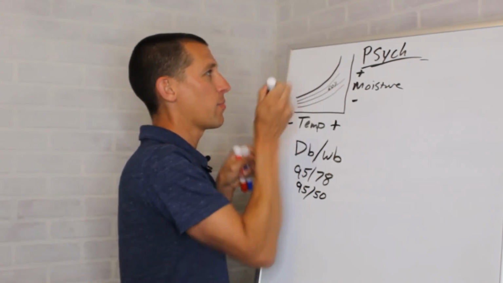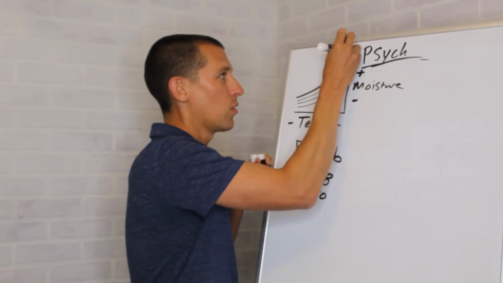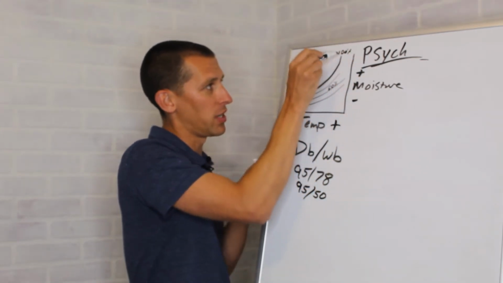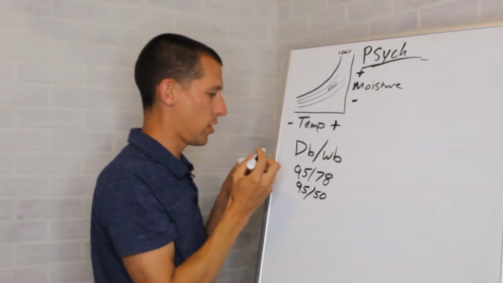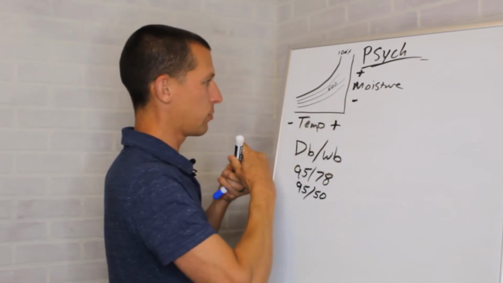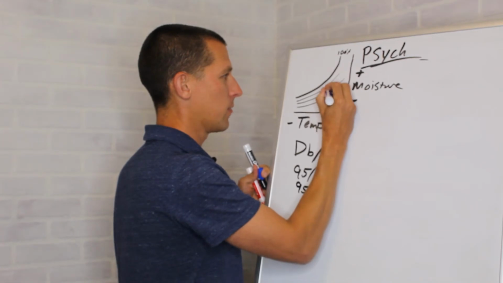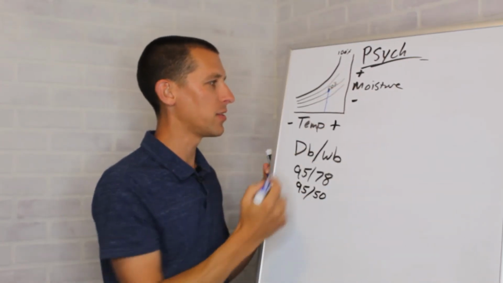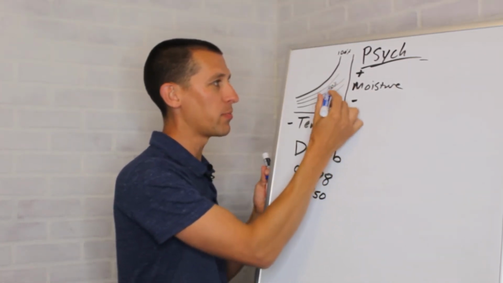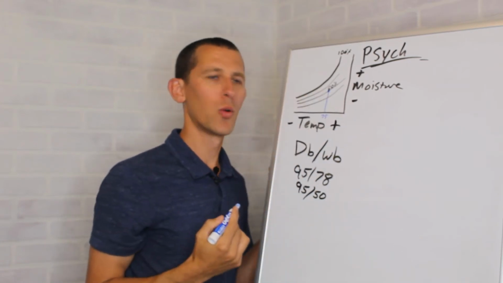This line up here, the top of the chart, represents 100%. So if we pick a temperature that we want, say 75 and 50%, we're pretty comfortable right there.